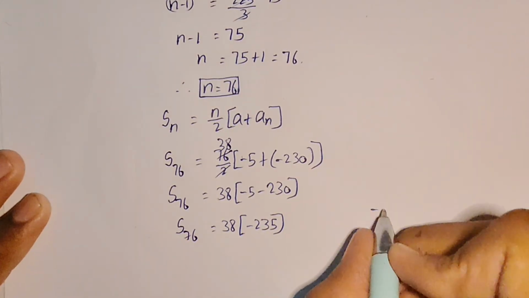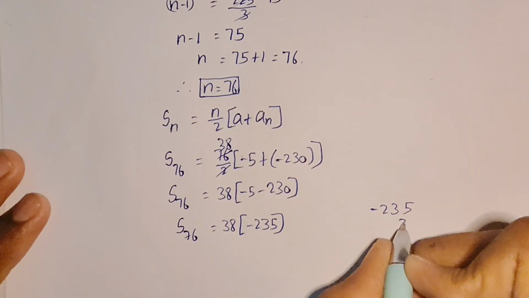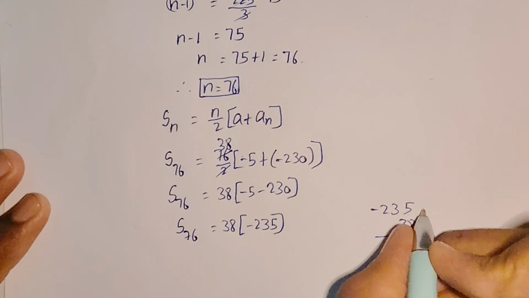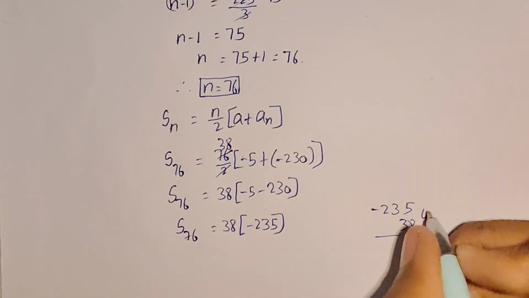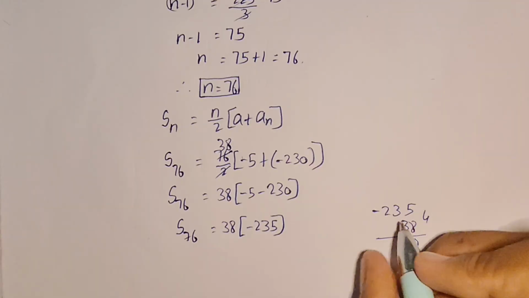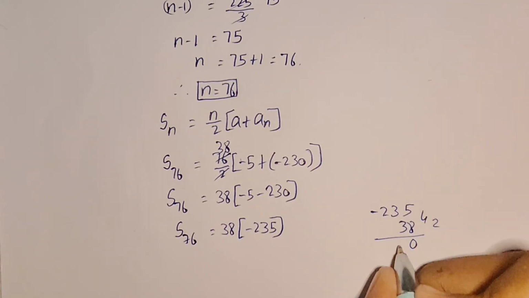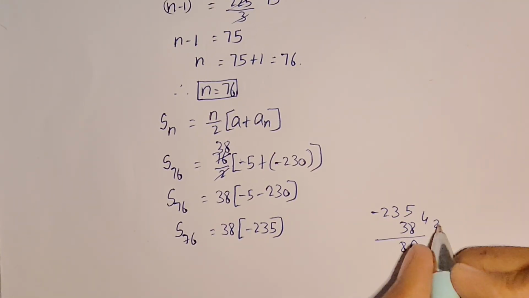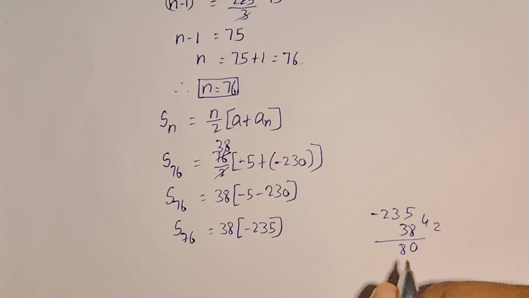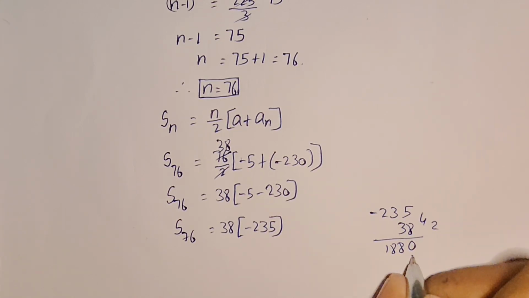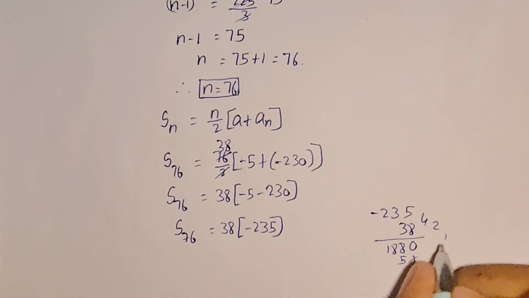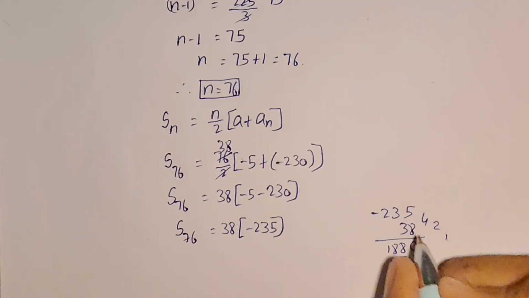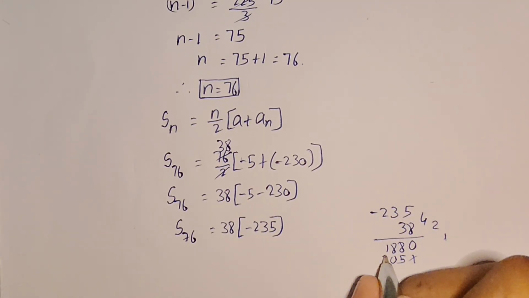So now I am going to multiply minus 235 with 38. 8 5s are 40. 8 3s are 24, 24 plus 4, 28. 8 2s are 16, 16 plus 2, 18. Into 3 5s are 15. 3 3s are 9 plus 1, 10. 3 2s are 6 plus 1, 7.